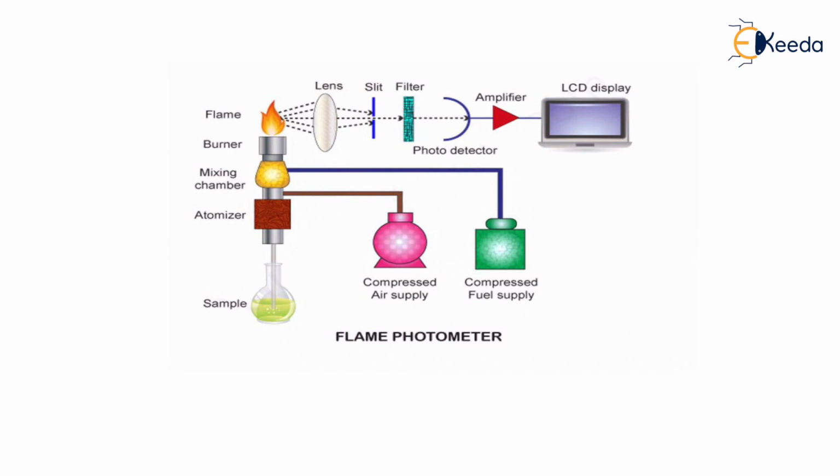Then the optical system worked with the convex lenses so that the entire flame points towards one slit. Then the filters were used, which helped us to detect which is the relevant emission and which are the irrelevant emissions. Finally, the photodetector converted the emission into electrical signals, moving on to the LCD display.